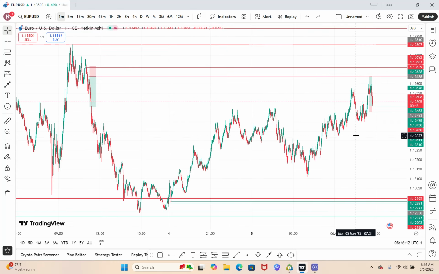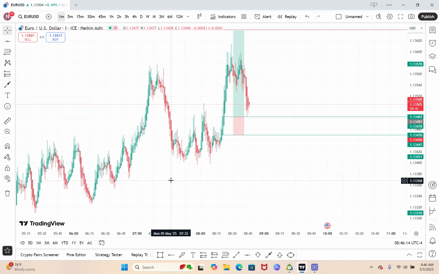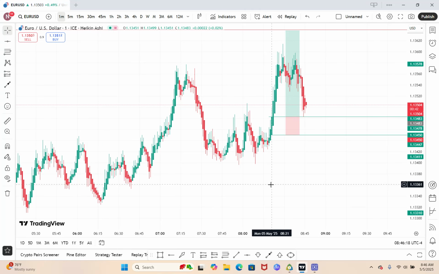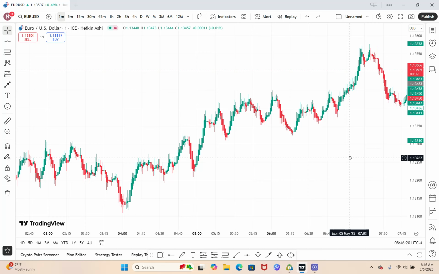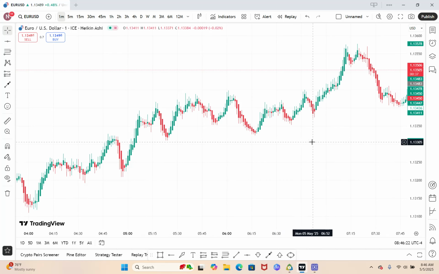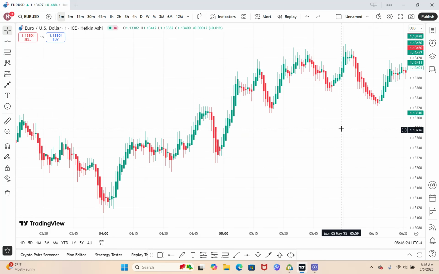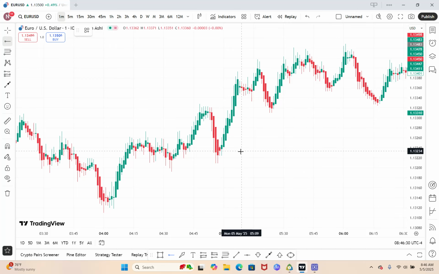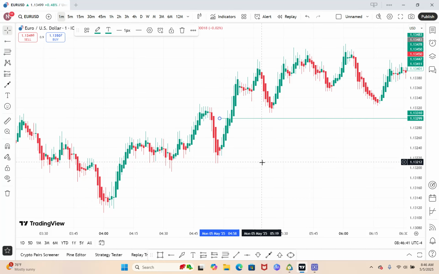So let's retrace and see areas where sellers are in control of the market. Sellers are in control of the market right in this area right here. Buyers, excuse me, are in control of the market right in this area. Right here.